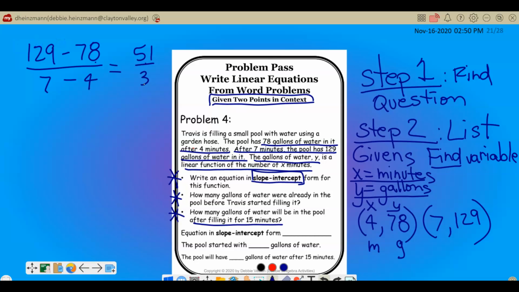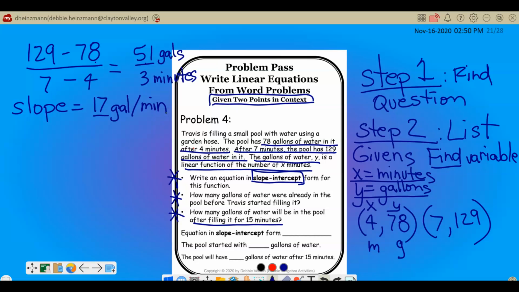And it just so happens that 51 divided by 3 equals 17. So the slope is 17. And if you think about the units involved, this is very important. Up here are gallons, and these are minutes. So what we've done is we've found our unit rate, our gallons per minute, our slope.